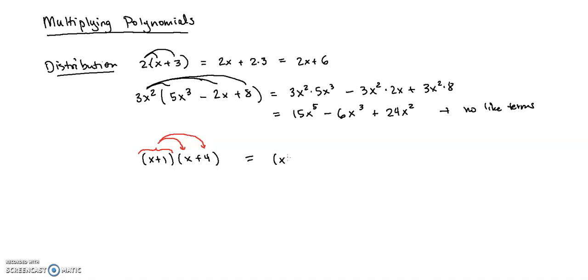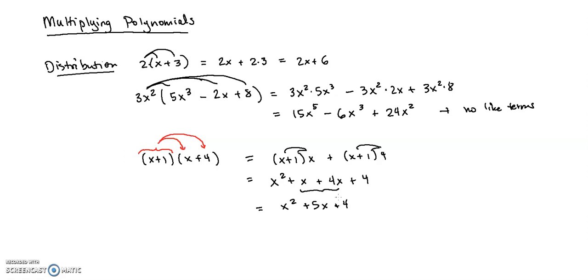So we would get (x + 1) times x, and we would get (x + 1), sorry, that's a 1, times 4, and then we would distribute again. So distribute, distribute, distribute, distribute, and we would get x² + x + 4x + 4. Now we can combine like terms. x's go with x's, and we get x² + 5x + 4.